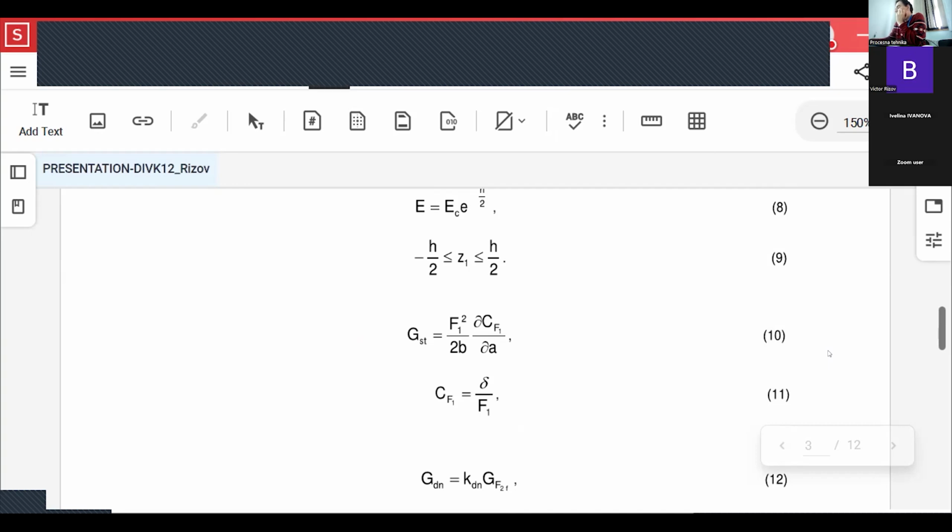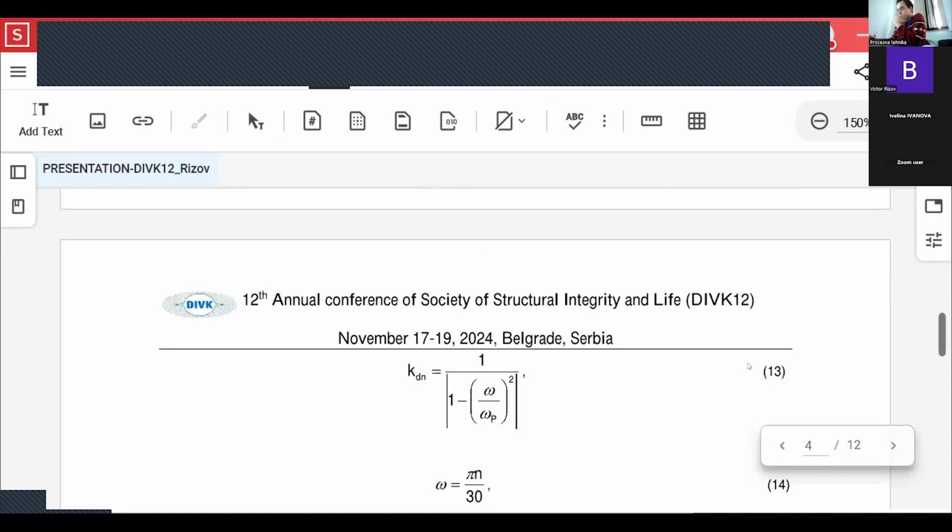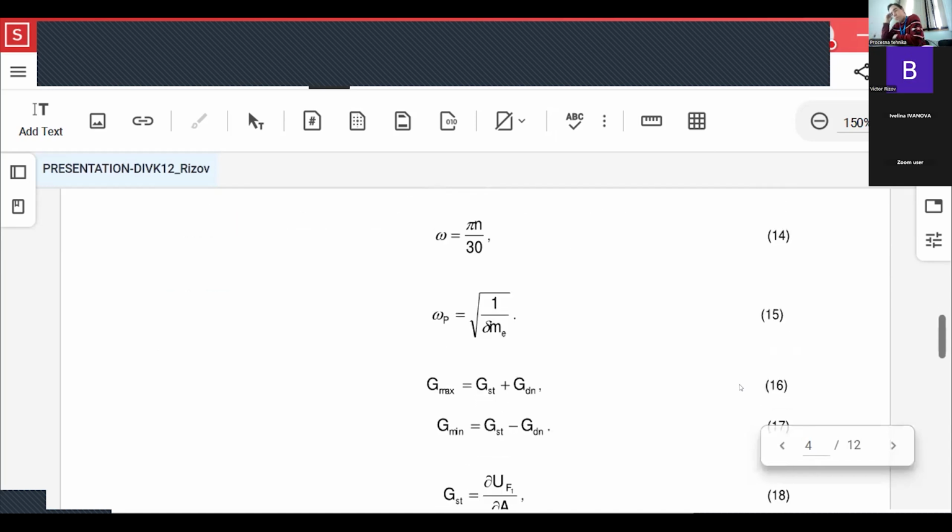The same replacement is done also in equations 1, 2, and 3. KDN is obtained by using formula number 13. In equation number 14, N is the number of revolutions per minute of the motor.